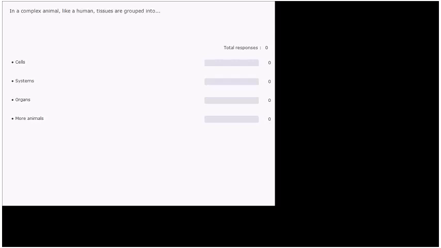So on this one, you can actually click right on what you think the answer is. I'm going to make results shown. So you can click in a complex animal like humans, tissues are grouped into, so this goes back to that first diagram that we looked at.